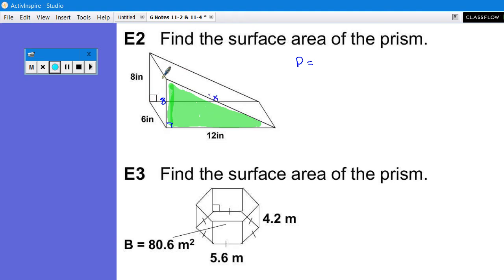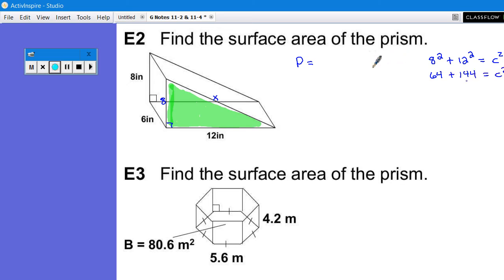So we now have this right triangle, and we're going to have to go off to the side and do Pythagorean theorem to find that missing piece. A squared plus b squared equals c squared. That would be 8 squared plus 12 squared equals c squared. So when we do the math, it's going to be 64 plus 144 equals c squared.